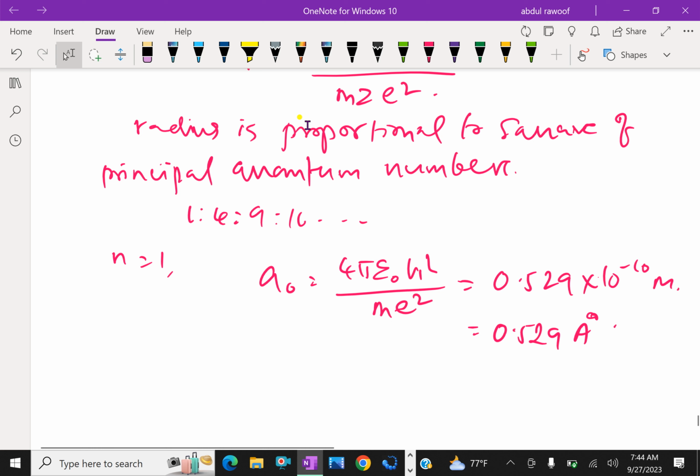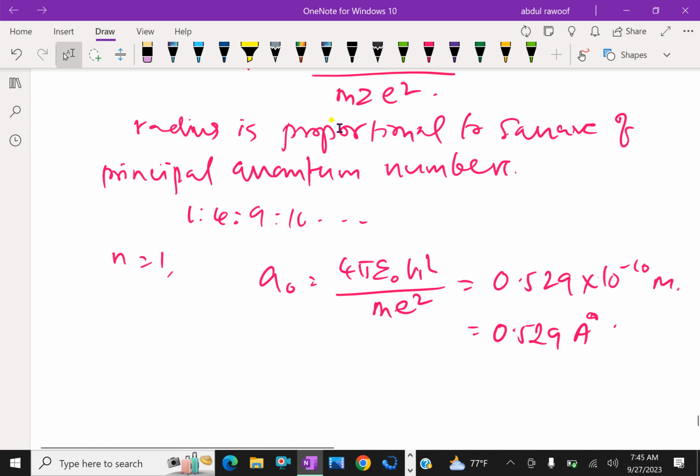Like that, we can find the next radii by using n squared equal to 4, 9, 16, that is n equal to 1, 2, 3, 4, and so on.